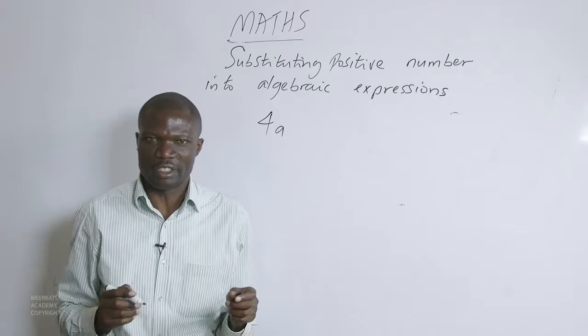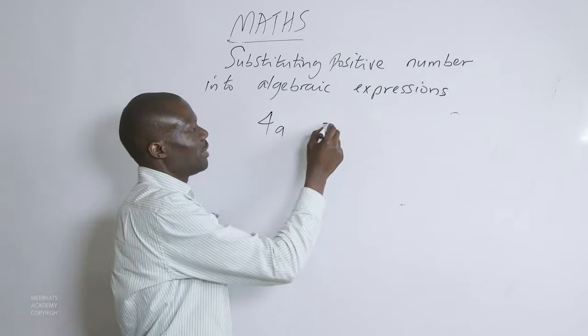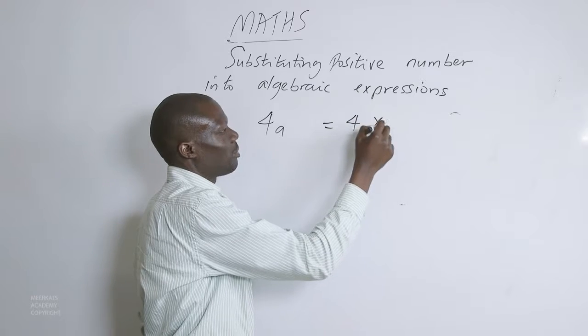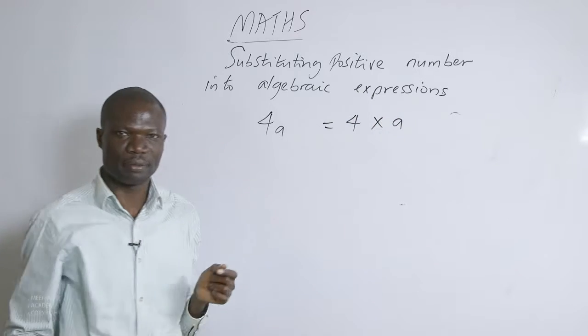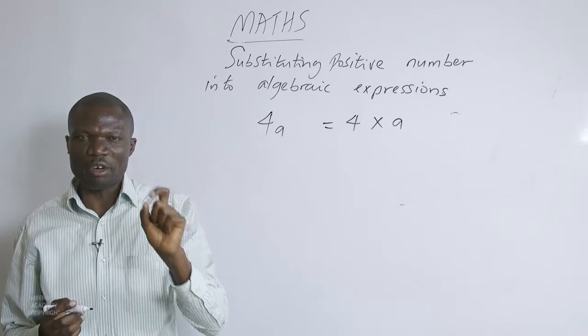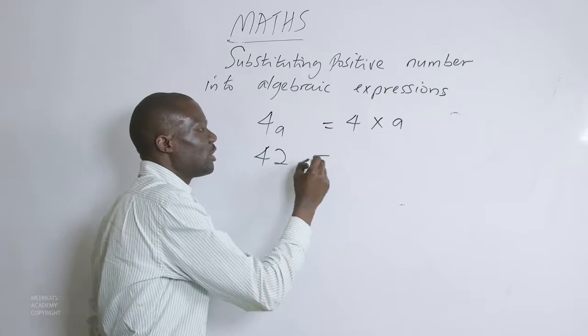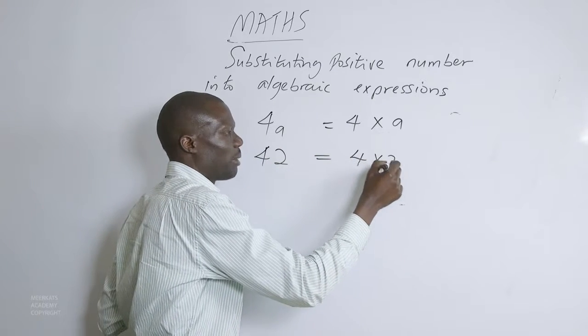We all know that 4a is the same as 4 multiplied by a. That is very true. However, given constant values, for example, 42 is not the same as 4 multiplied by 2.